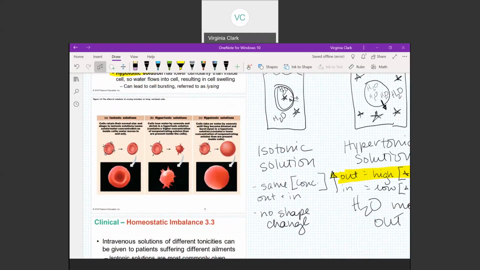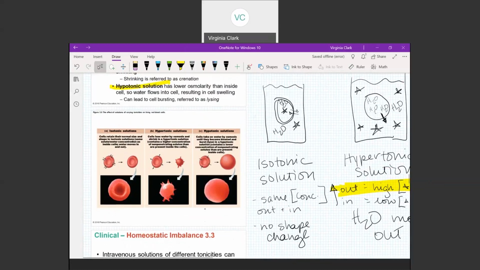So whatever is given in the ER for dehydration is not pure water, because pure water will cause your cell to change shape, and if the cell changes shape, it's not able to do what it needs to do. However, what is given during a visit to the ER for dehydration is called physiological saline, which is going to have water plus some concentration of solutes that matches the concentration of solutes in your blood naturally.